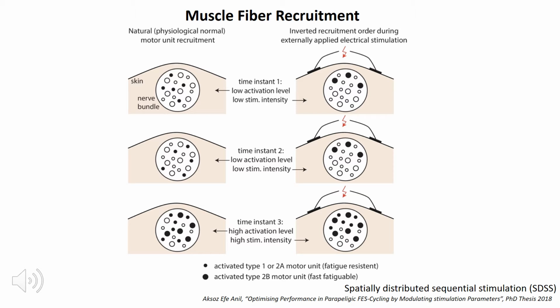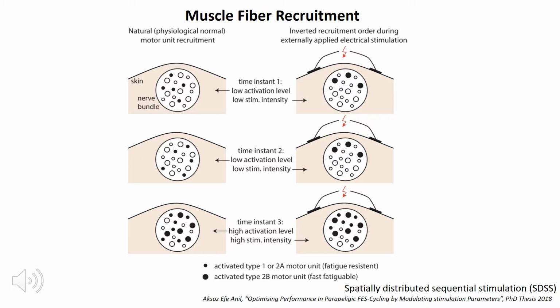The small circles correspond to the slow twitch nerve bundle nerves, and the larger circles inside correspond to the fast twitch muscles. In a natural physiological motor recruitment, when we want to do something, we activate first the small twitch muscles. And as we need to have more and more power, we activate more and more muscle fibers, and eventually the larger muscle units.